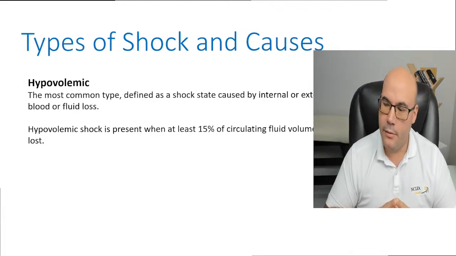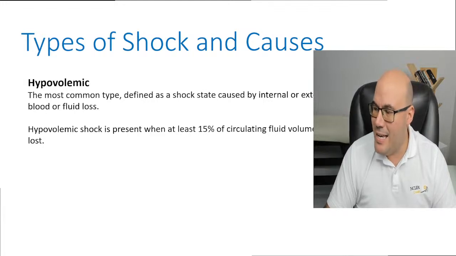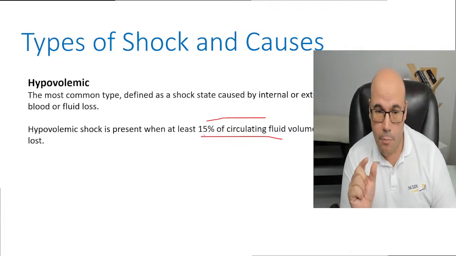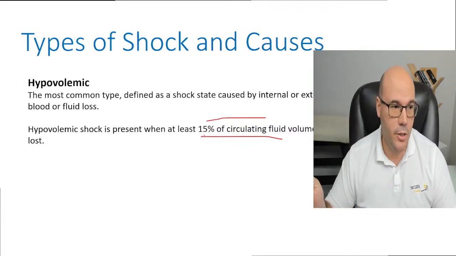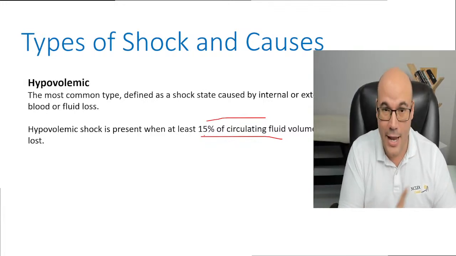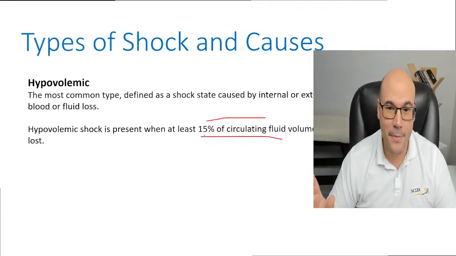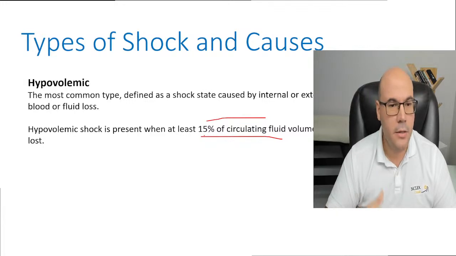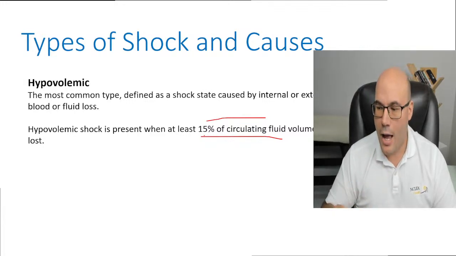What needs to happen for a hypovolemic shock to occur? There needs to be at least 15% of circulating volume lost. If it's only a little bit of blood loss, it would not take the patient into a hypovolemic shock. But if 15% of circulating fluid volume is lost, the patient is going to go into hypovolemic shock.